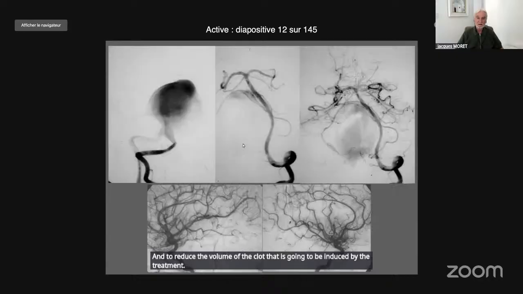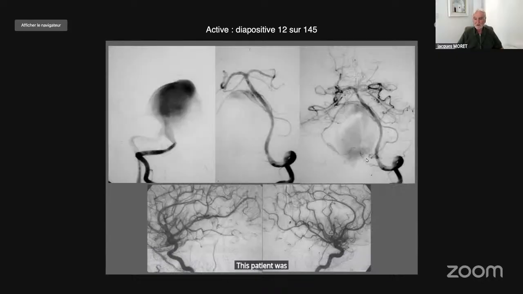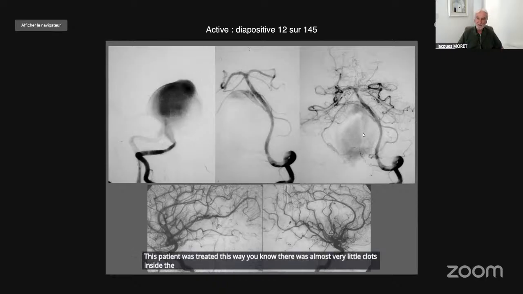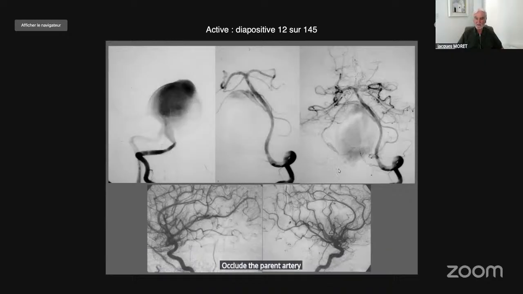This patient was treated this way. There was almost very little clot inside the sac of the aneurysm. It's pretty difficult to understand exactly where it is, but it's from the subarachnoid vertebral artery. So you can clearly imagine that if you occlude the parent artery, you will get rid of this aneurysm.